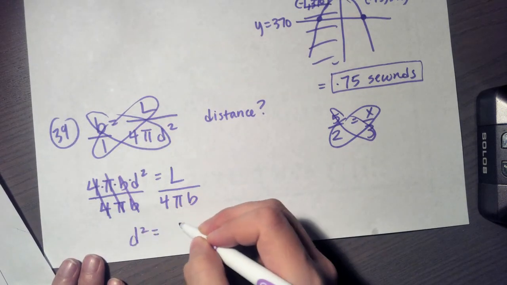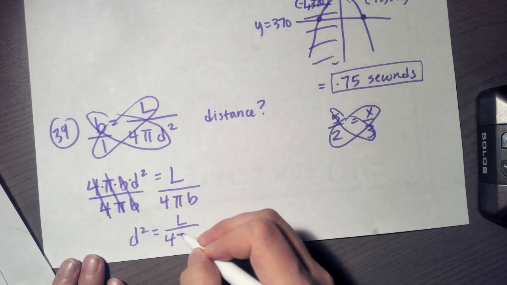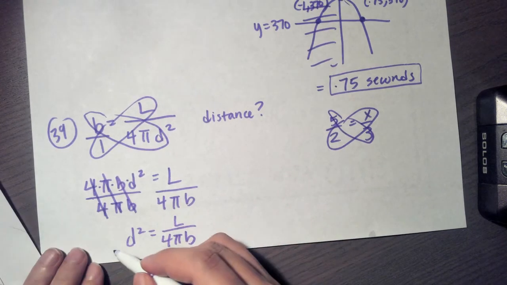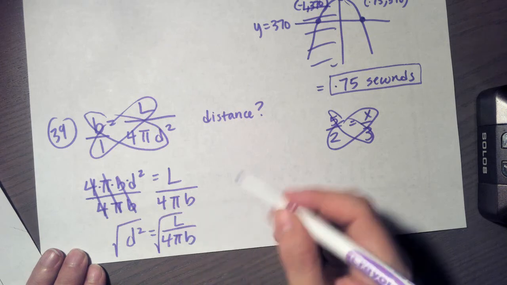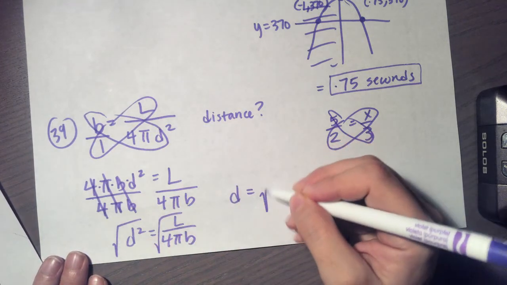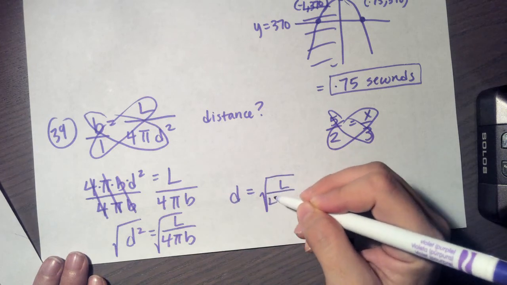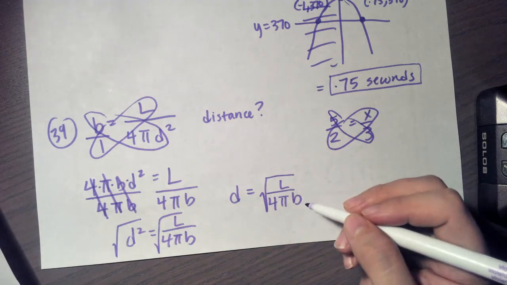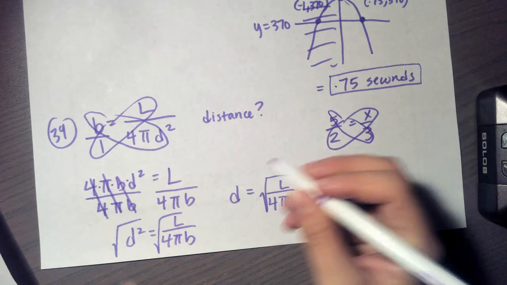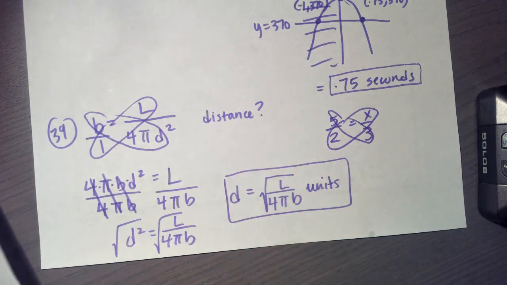So then I get d squared equals L over 4 pi b. And so in order to get d by itself, I'm just going to take the square root. And distance is always positive, so it's going to be the square root of L over 4 pi b. And since they don't give me any units, I'm going to write just units on the outside. That's it.